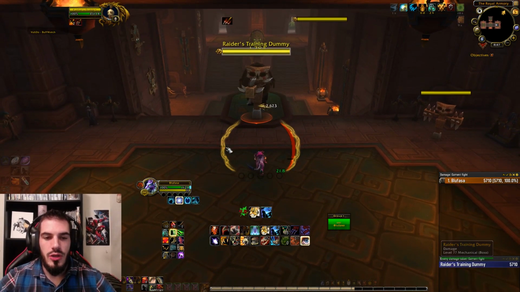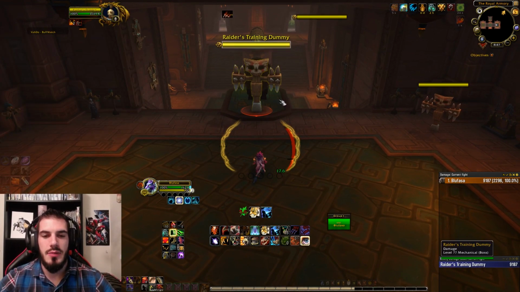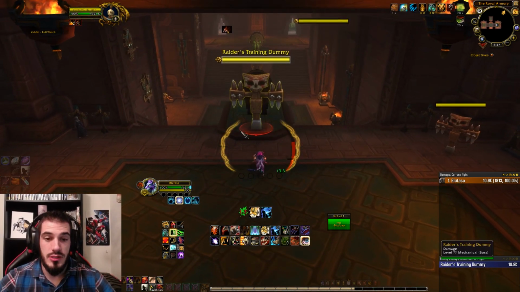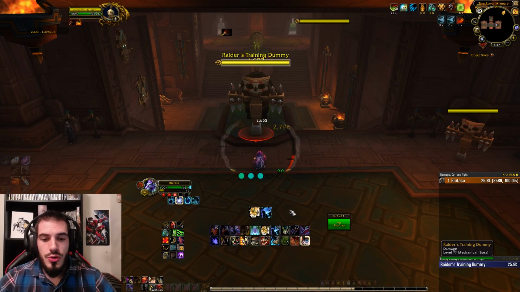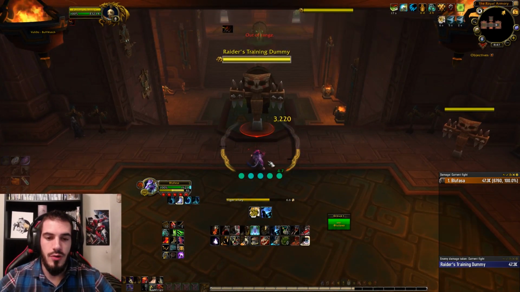Now, something you will notice is you're going to see these black lines everywhere. What do these black lines mean? Well, in the case of this one, there's a black line on your energy bar. This is where you should be applying your Ferocious Bite.